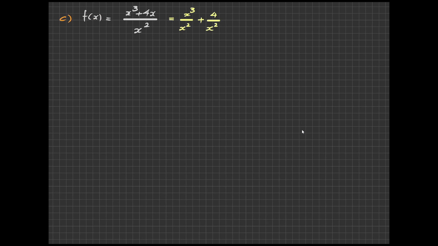Now let me give you also another trick. Here it works, I think. Because then you write it x plus 4 over x. Do you agree? Yes or no? So I divided them. And do you remember, this limit is 0 and y equals x is your oblique asymptote. So that's also acceptable.